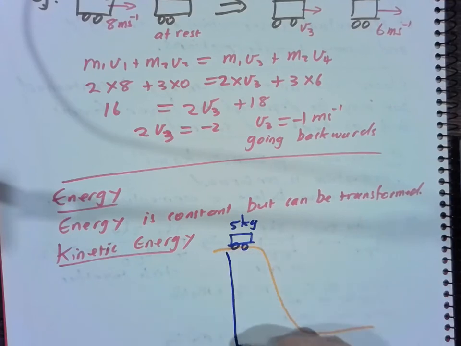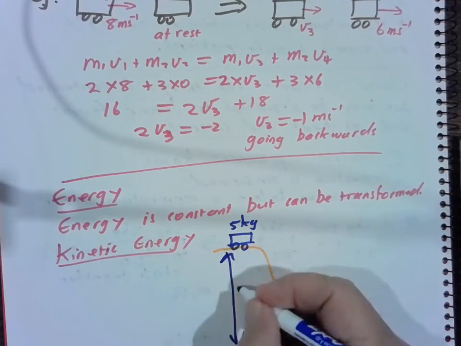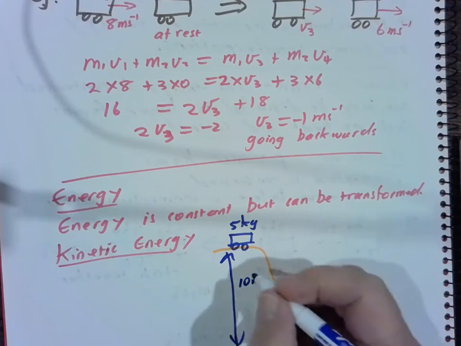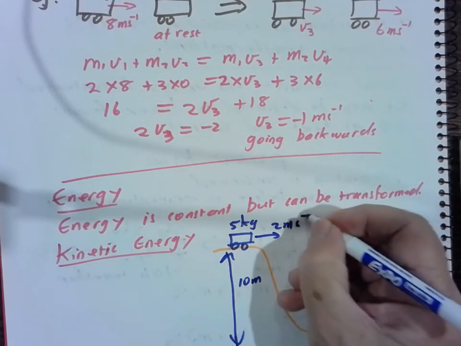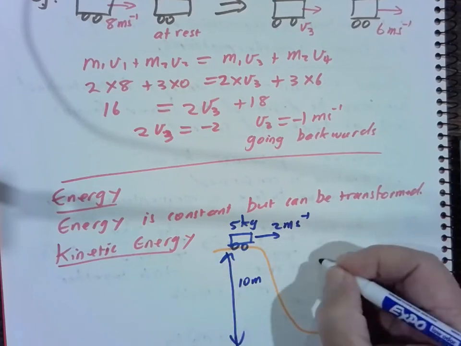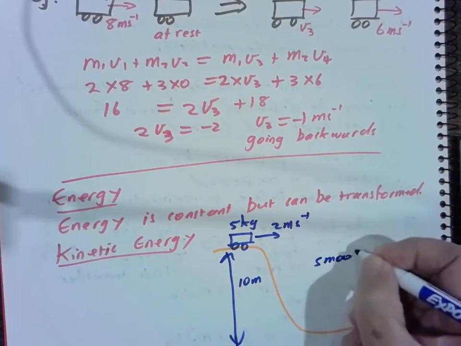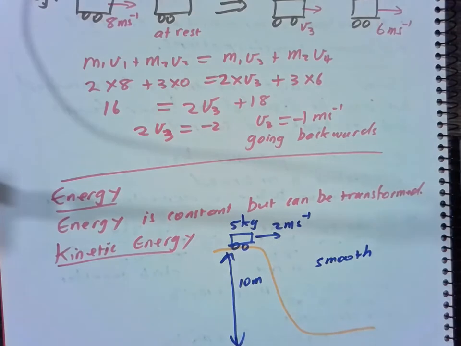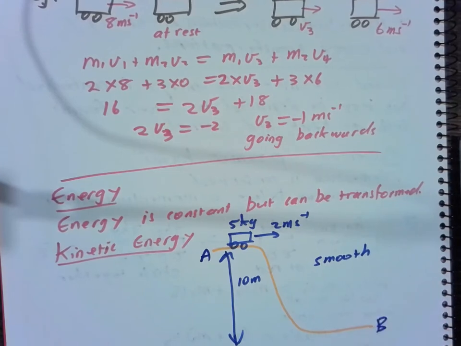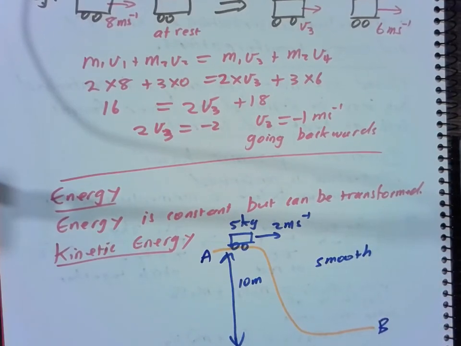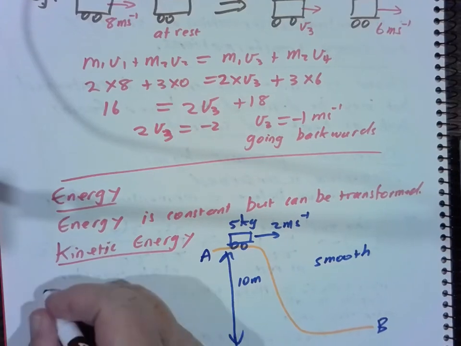The vertical height change is going to be 10 meters, but the cart is already going at 2 m s to the minus 1, and the track is smooth, which of course is physics 4. There is no friction. So normally we label points like A and B, and the whole point of this is we're trying to find the speed at B.